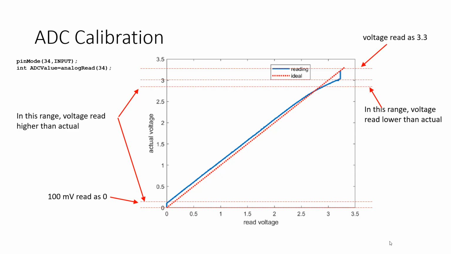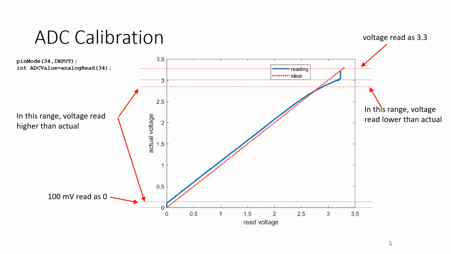Now, you might say, wait a minute, how does that help you between 0 and 100 millivolts? It's just 0. How do you correct 0? Like if you read 0, how do you know it's 0, or 50 millivolts, or 100 millivolts? Well, you can't do anything about that. If it's clipping, you can't do anything about the clipping, but you can correct this nonlinear region in the middle, right?